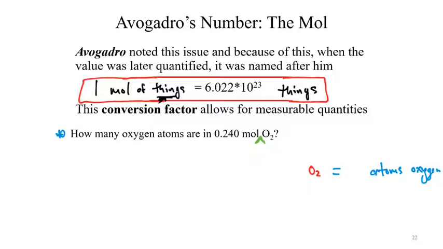Is it an atom of O2? Well, what is an atom? An atom is one, for lack of a better word, atom, or piece. If we take a look at O2, is it one atom? No, it's one element, but it's two atoms.